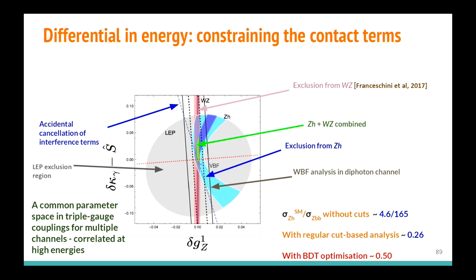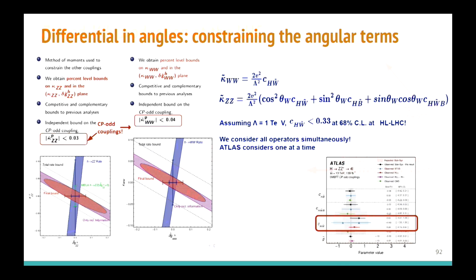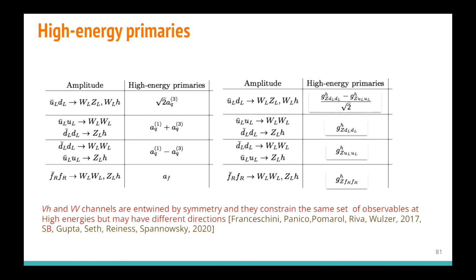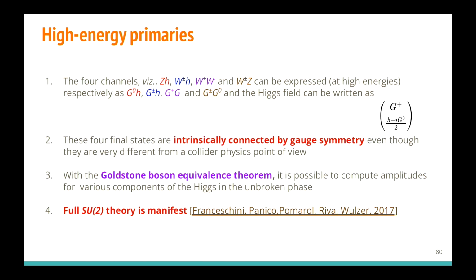But when we use this Goldstone boson equivalence theorem, and we replace the Z_L, the longitudinal part of the Z boson, by the G0, and we replace the W plus minus by the G plus minus, then we are not doing the calculation in the unitary gauge anymore.